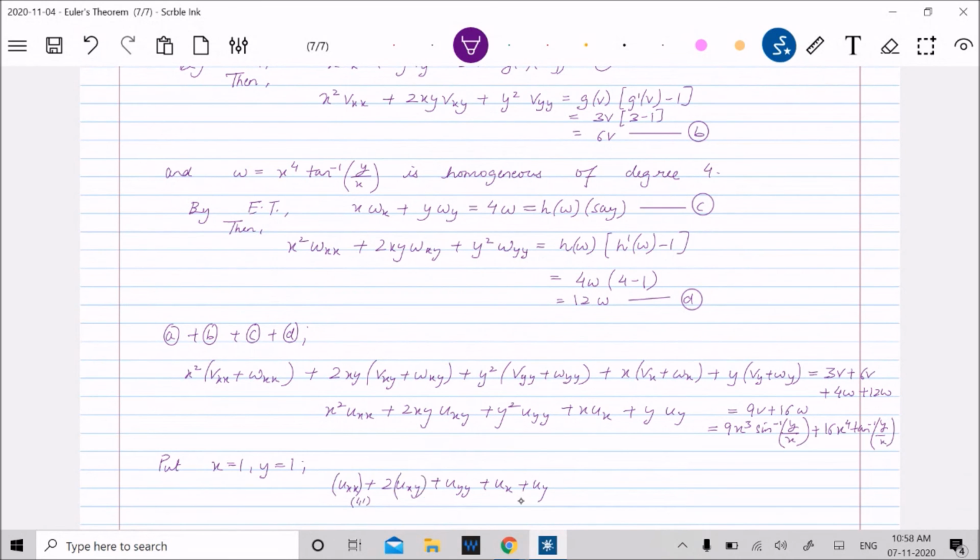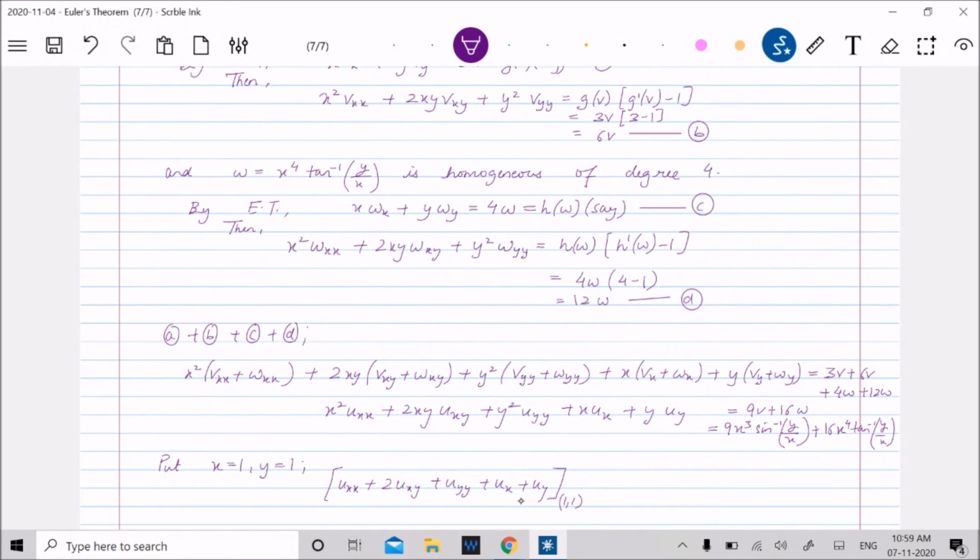Here also 1 comma 1. Here also 1 comma 1. Or in general, rather than writing them in individual terms, you can write it just putting a big bracket like this, and then 1 comma 1. This is a nice way, right? It means that this is for all terms.